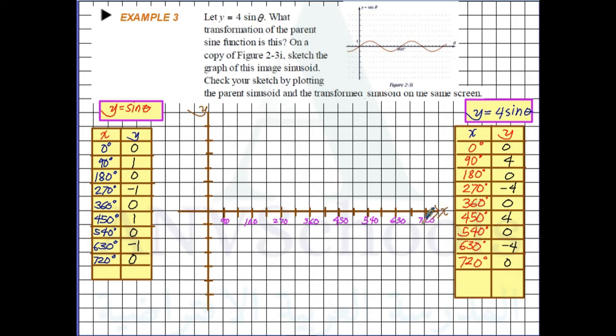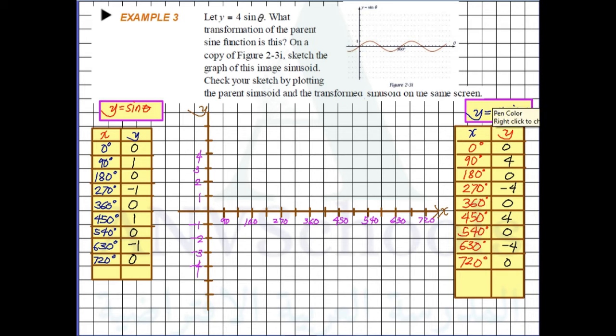And here we have 0 to positive 4: 1, 2, 3, 4, negative 1, negative 2, negative 3, negative 4.